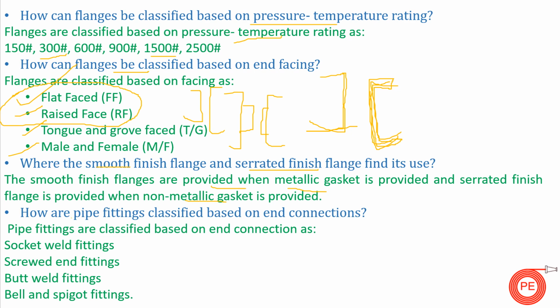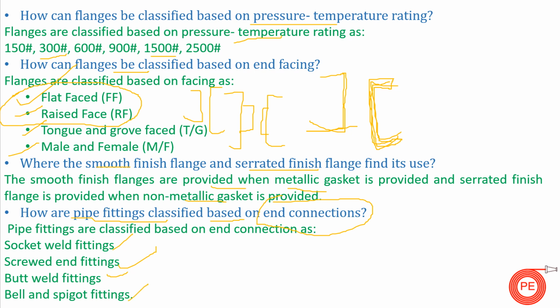Moving on to the next question, guys: how are piping fittings classified based on the end connections? Let me tell you one thing, this end connection question can be asked in different parts. It can be asked for your fittings, for your flanges, and the same can be asked for your valves also. Most of the fittings have the same kinds of ends: socket welded fittings, screwed end fittings, butt welded fittings, and bell and spigot fittings.